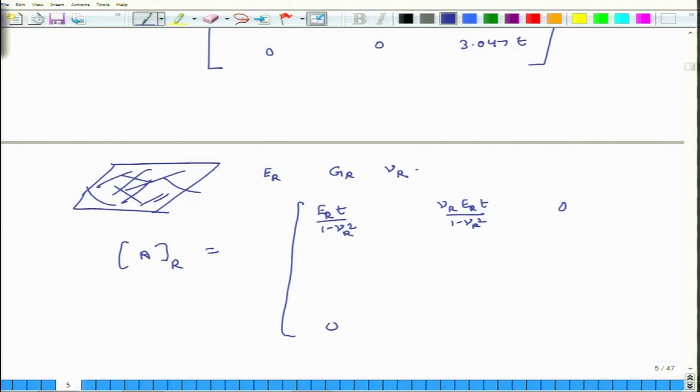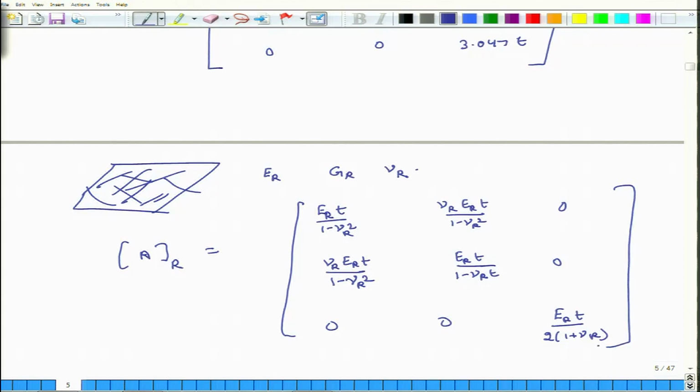This is 0, 0, nu R ER T by 1 minus nu R square, and this is ER T by 1 minus nu R square, 0, 0, and this is, forget it, it is ER T by 2 into 1 plus nu R. Okay.